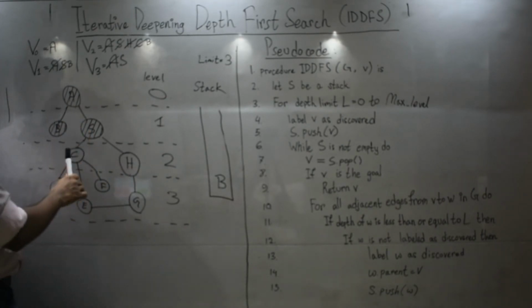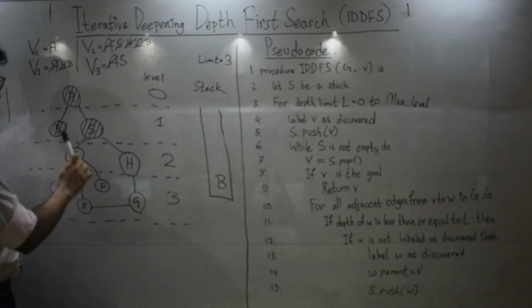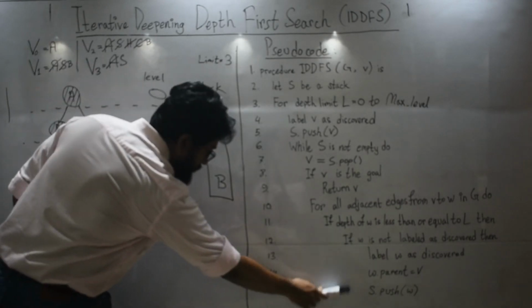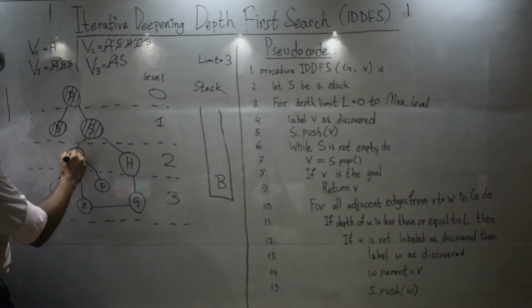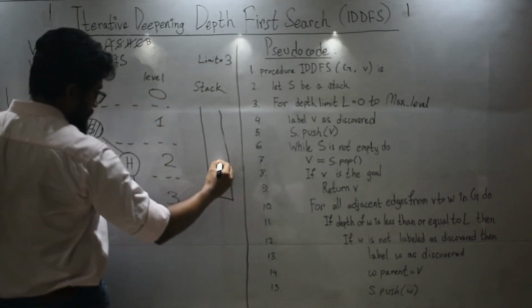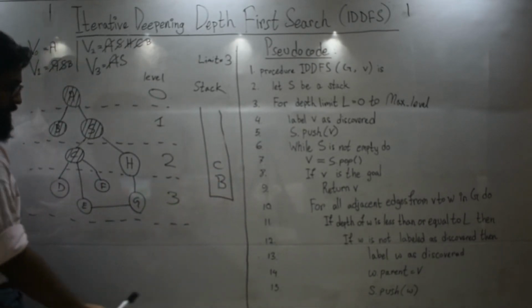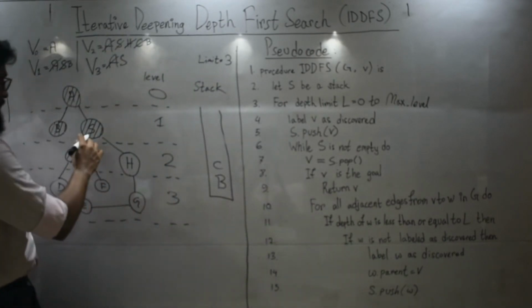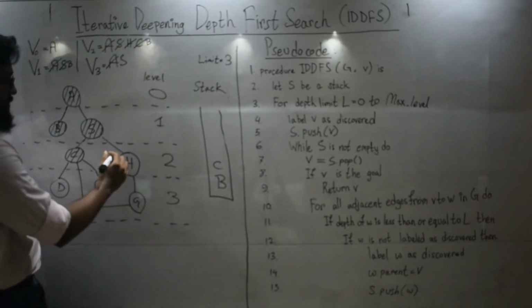C and H. Okay, let's check for C. Is C within the limit? Yes. Is C visited? No. So we will do these tests. Let's visit and push. And then again we will come to this line number 10 and check for the other one.